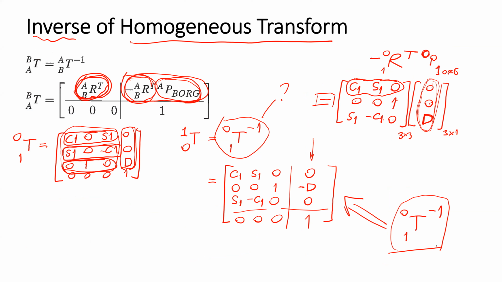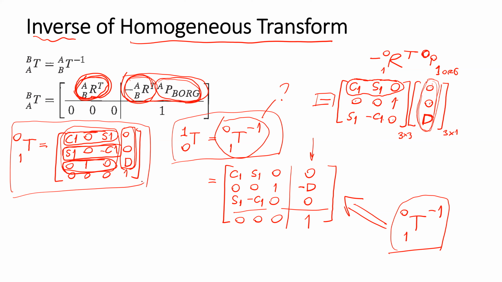Is that clear how to obtain the inverse? We have the homogeneous transform like this. The first step to compose the inverse is to obtain the transpose of the rotational matrix. The transpose of the rotational matrix is nothing difficult.